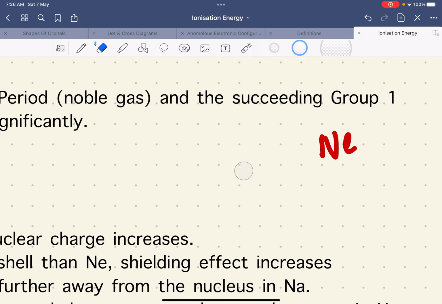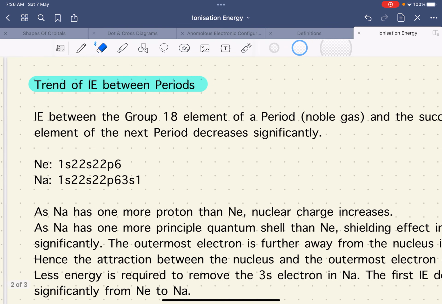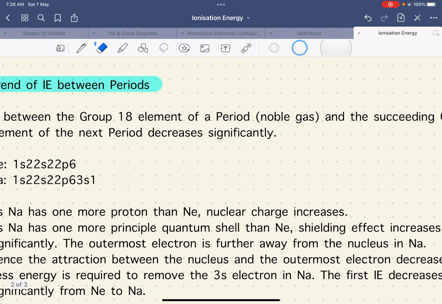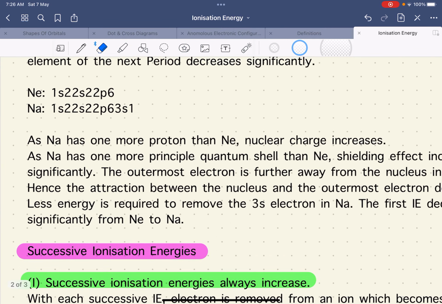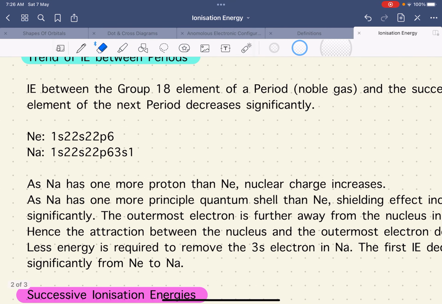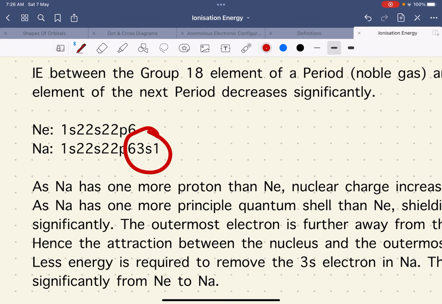So basically, the IE between a group 18 element, which is a noble gas, and the succeeding group 1 element of the next period decreases significantly. Let's look at Na and Ne. What is the difference?